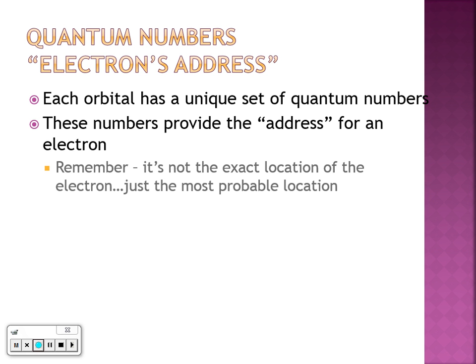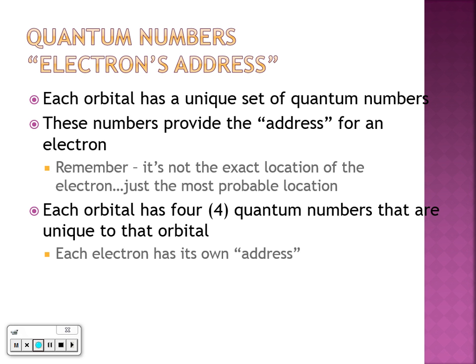There has to be a way for us to tell that orbital apart from all the other orbitals that exist. And so, we'll see here that each orbital has a unique set of 4 numbers. And those 4 numbers tell it apart from all the other orbitals.